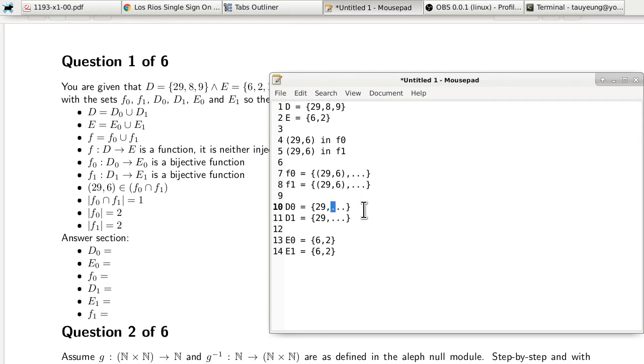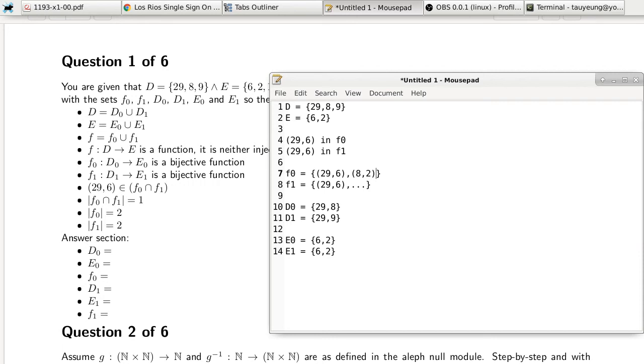In terms of the domain, this is kind of arbitrary, but you can flip these two. Knowing that the domain D0 has 29 and 8, F0 also needs to map the other element, 8, to the other element in E, because it is bijective.